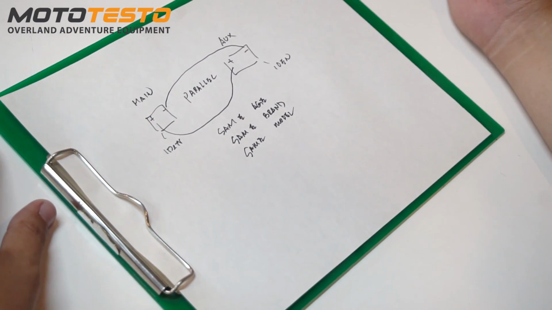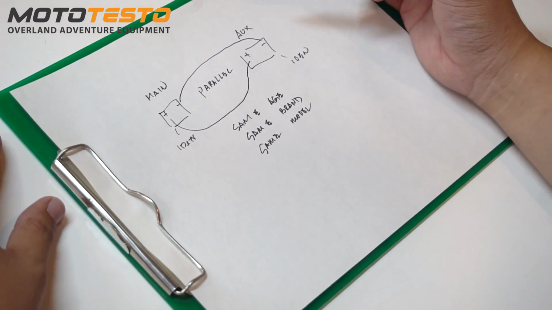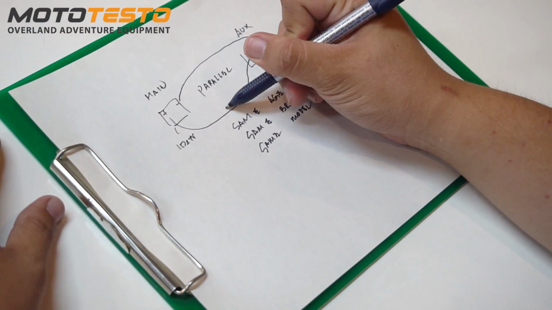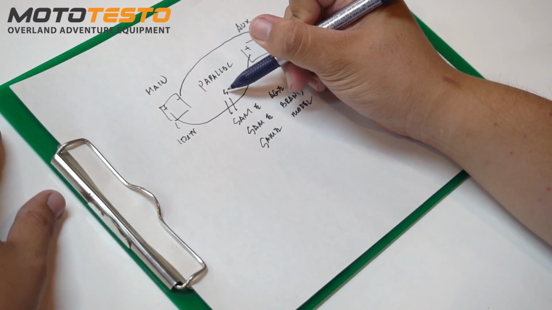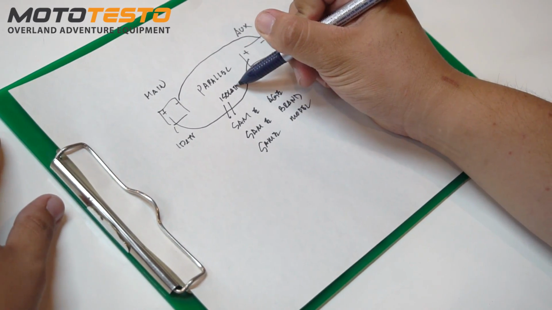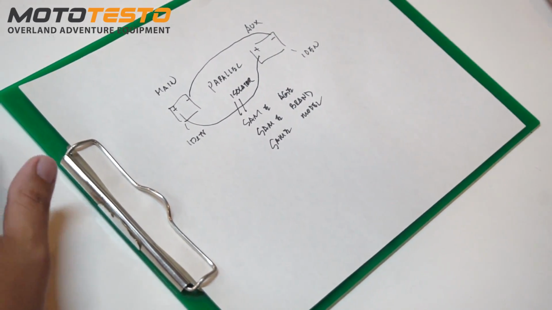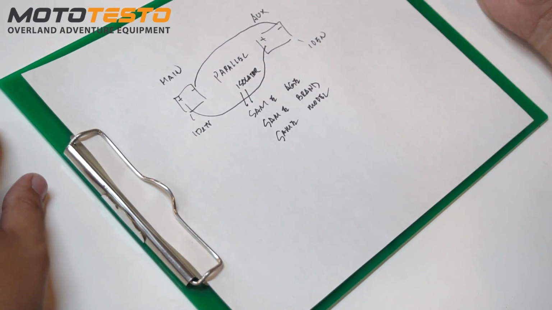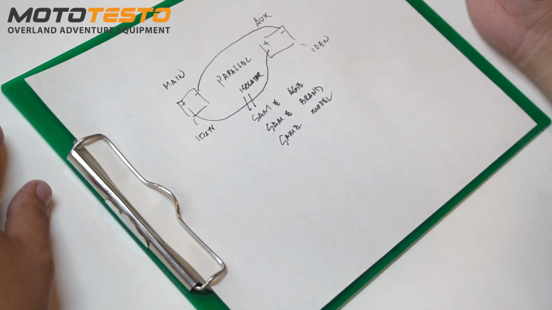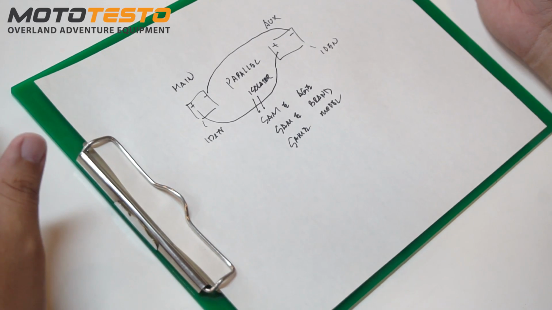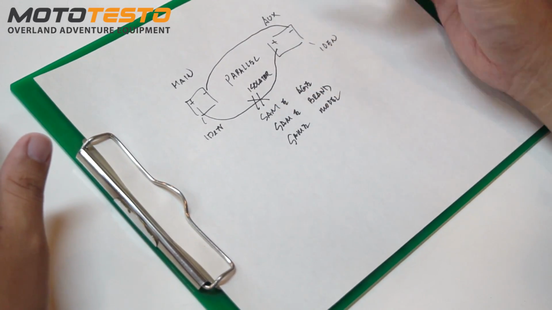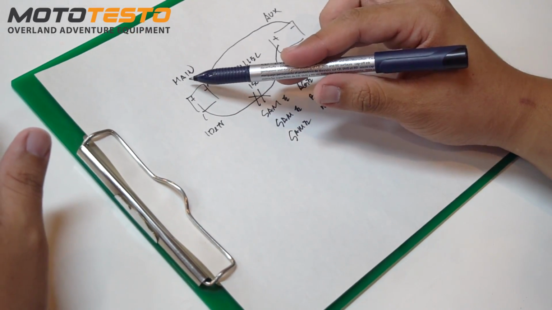Now, when you do parallel, you put isolator. Anong purpose ng isolator? Para saan, sir? Ang isolator, when your engine shuts off, it cuts the link between the auxiliary and the main.